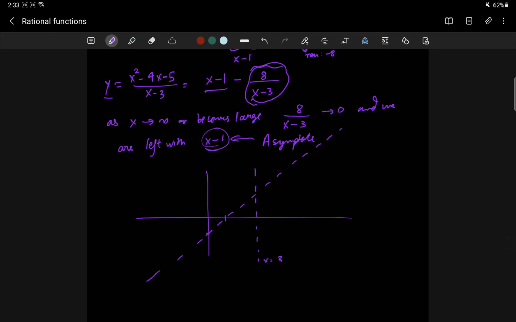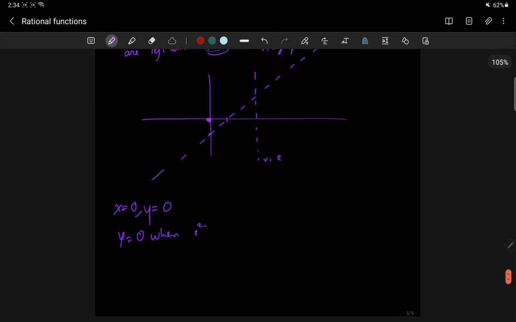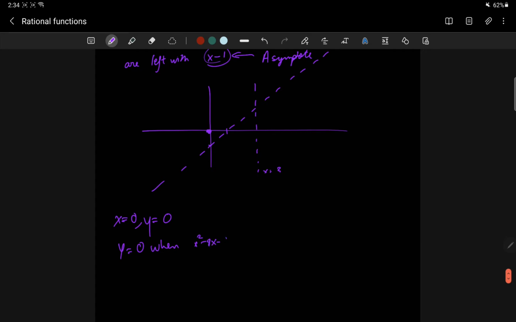All right. So we still have to do a few things about intercepts. So when x is 0, y is 0, so it goes through this point. y is 0 when the numerator is 0. So x squared minus 4x minus 5.